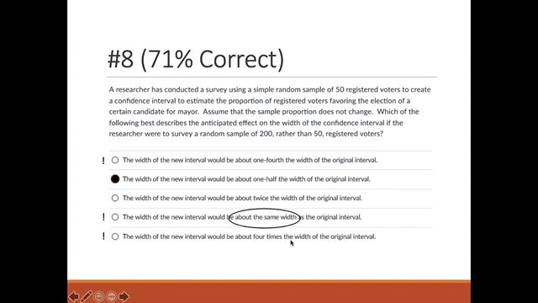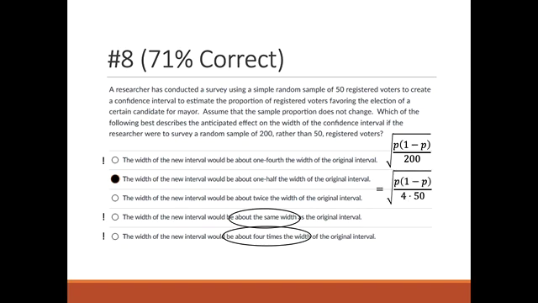So maybe it would help to actually look at the structure of the standard deviation. That's the formula that I put here that you can get off of the formula sheet. Here is the sample size of 200. I don't know P and I don't know 1 minus P, and it doesn't matter, because if you factor 200, it's 4 times 50.